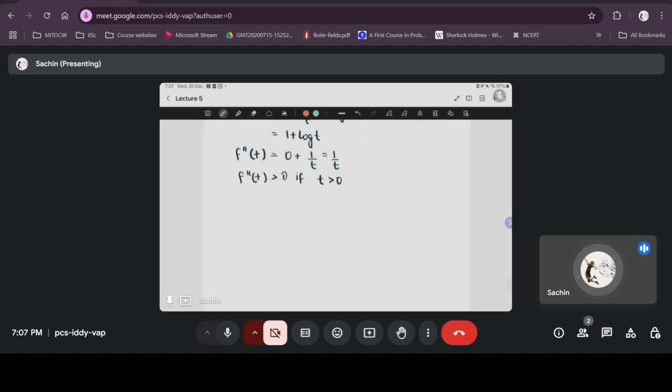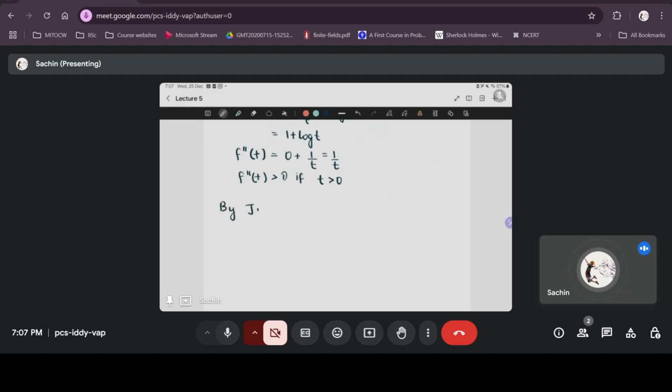With that, we had a previous theorem which we proved that said if the second derivative is greater than 0 for a function in some interval, then the function is convex in that interval. It's strictly convex if it is greater than 0, convex if it is greater than or equal to 0. Now for this function t log t, we can apply Jensen's inequality.